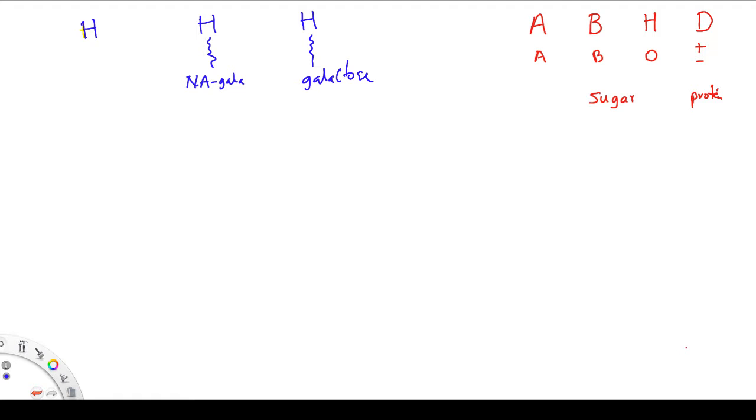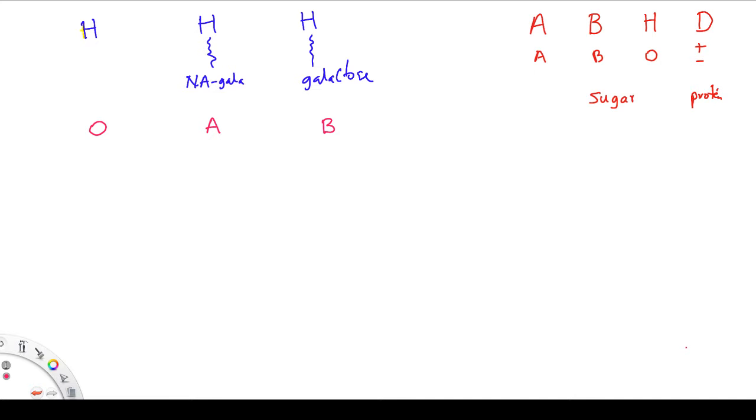If you have nothing attached, it's something else. So there's three types possible. If nothing is attached, this is known as type O blood. If N-acetyl galactose is attached, it's known as type A blood. If galactose alone is attached, then it's known as type B blood. Make sense? But attachment has to be done by who? Enzymes. So you need enzymes for that. We'll come to that.